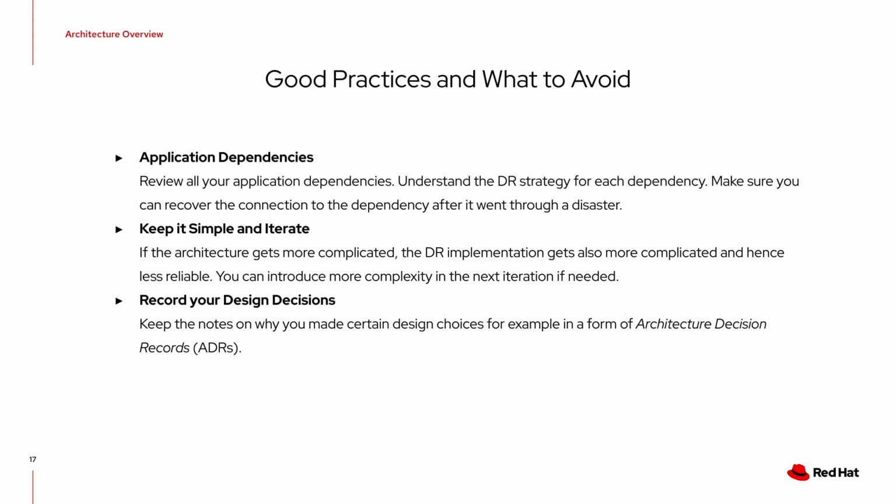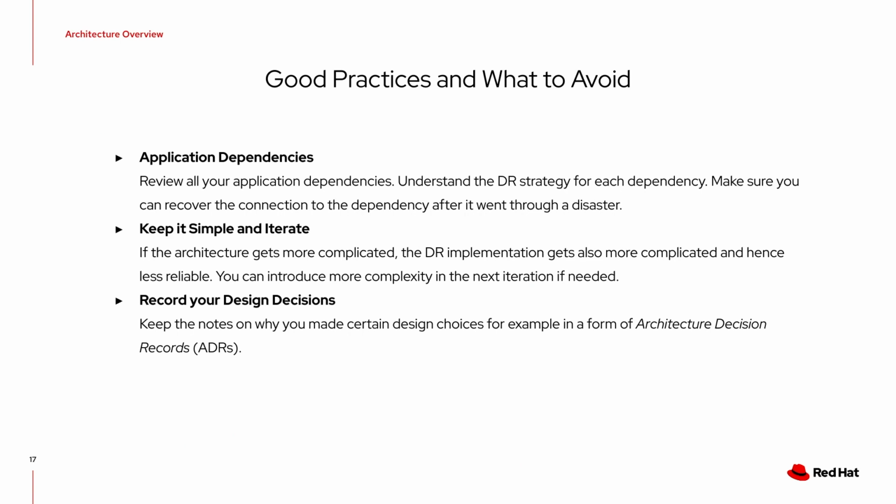And the last good practice I would like to mention is the architecture decision records, which we were making while working on the architecture. It is important, when you are making design decisions along the project, to actually write down what the pros and cons of the alternatives you were comparing were, and also what the final decision was and why you made it.